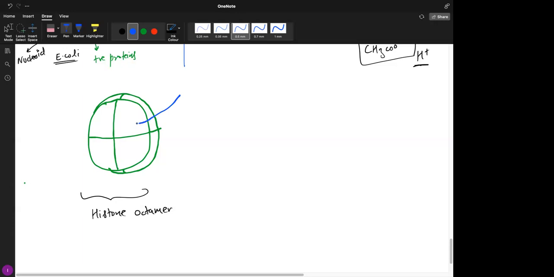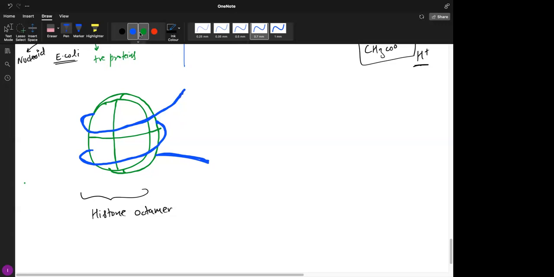So a DNA comes and comes around and goes and comes like this. You understand what's happening? So this is your DNA helix. Your DNA molecule is wrapped around the histone.